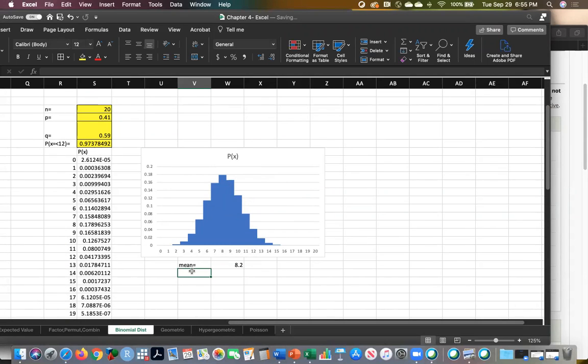My sigma: let's say mu equals, sigma equals. I'm going to use the symbols, because those are mu and sigma. This is going to be equal to the square root of N times P times Q, right? That is my standard deviation. So I have computed those values, and those are going to be important.